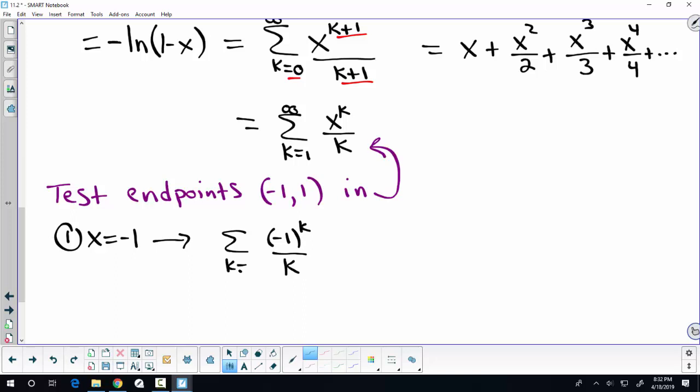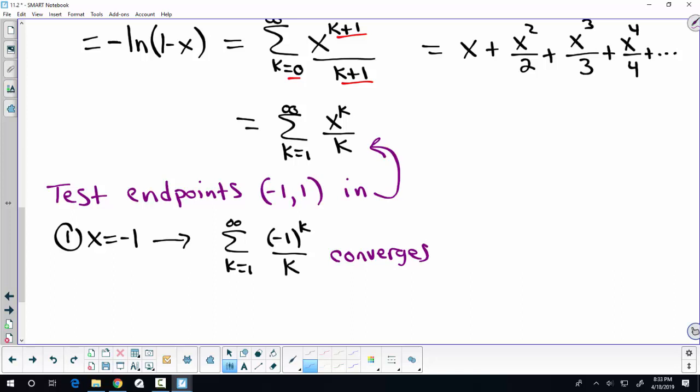What do we know about that series? The alternating harmonic series converges. So we've got to include -1 in the interval of convergence of the new series.